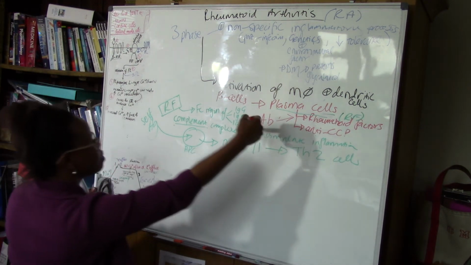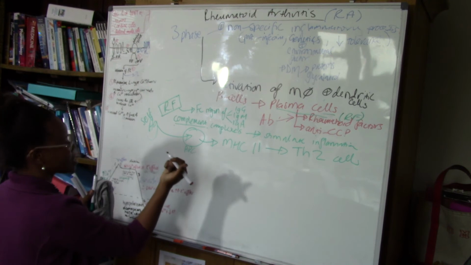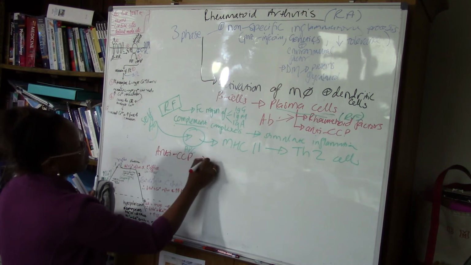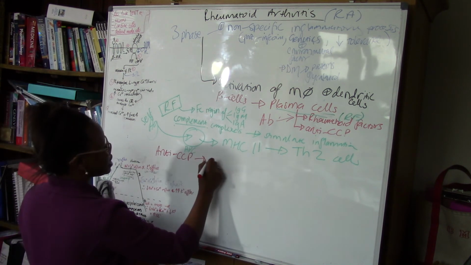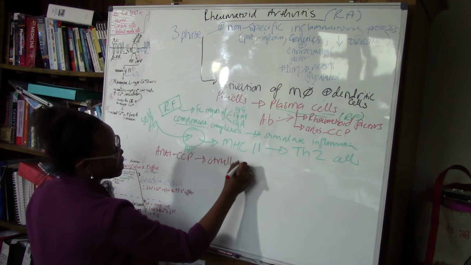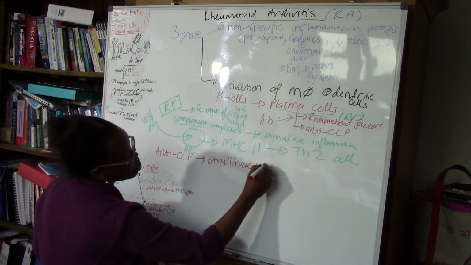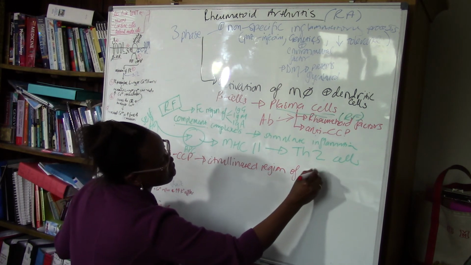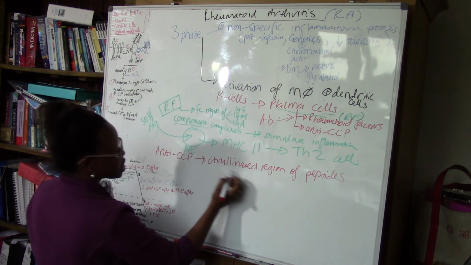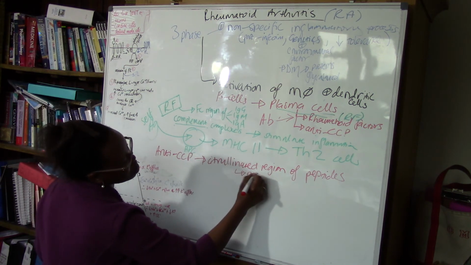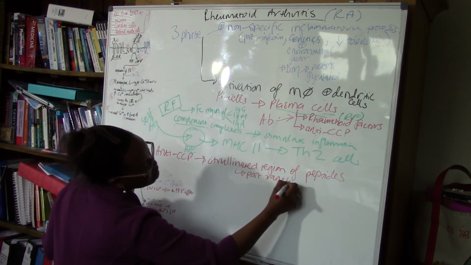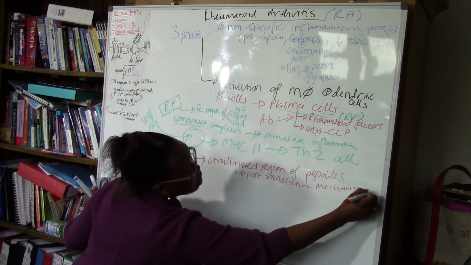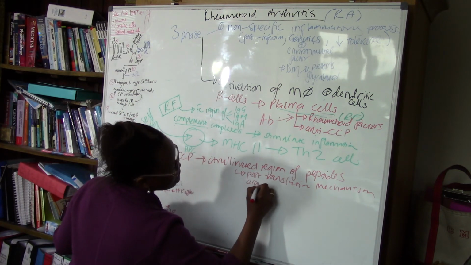Anti-CCP antibodies work similarly in the sense that anti-CCP are specifically targeted at the citrullinated regions of the peptides. And really, citrullination is a post-translational mechanism that's specific to the amino acid arginine.